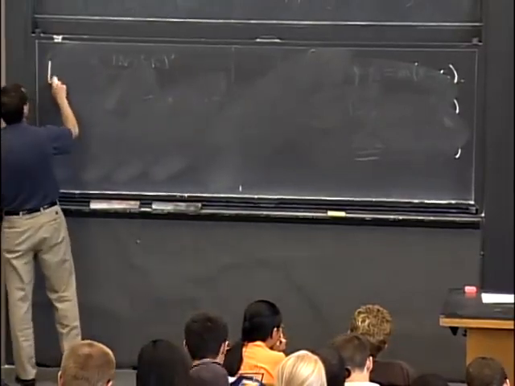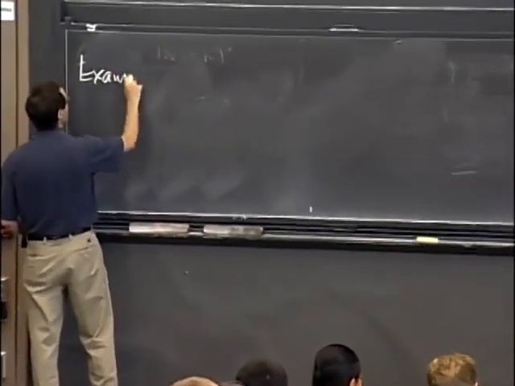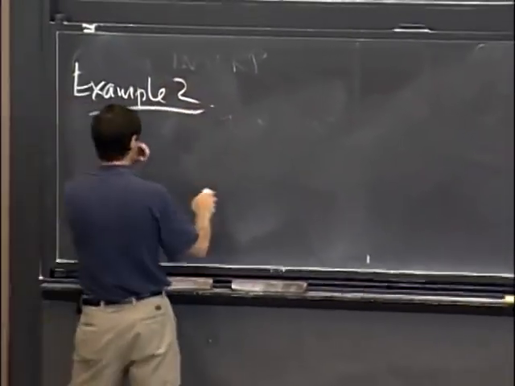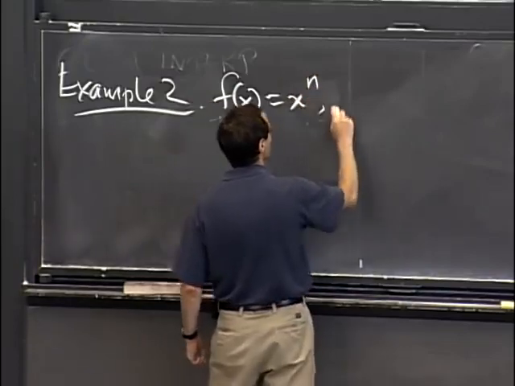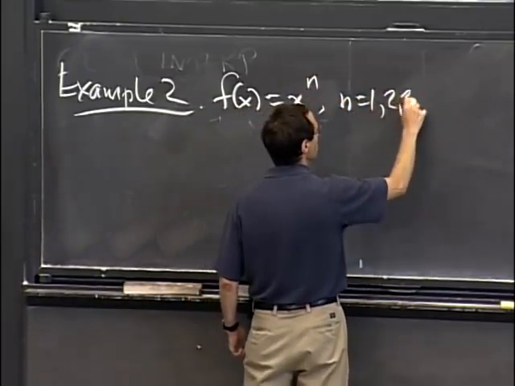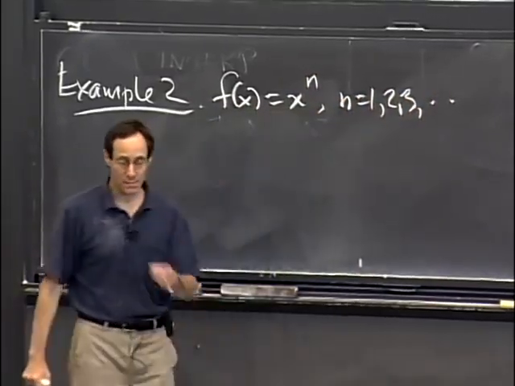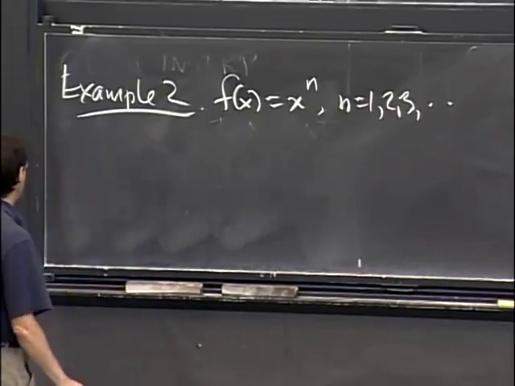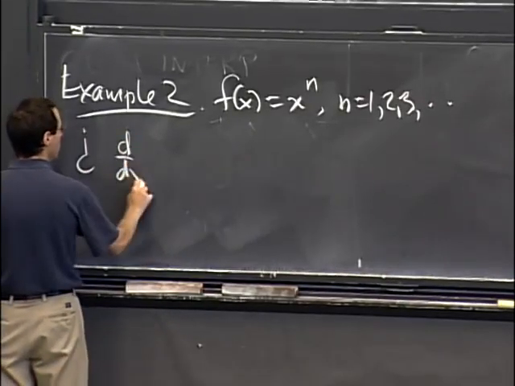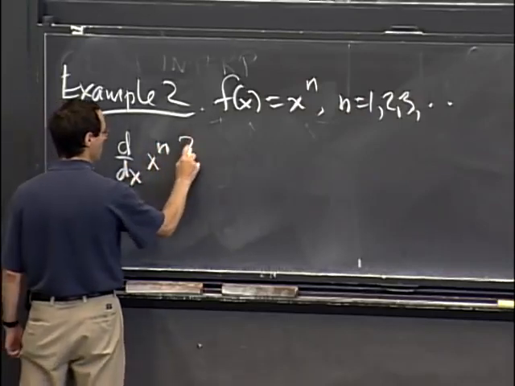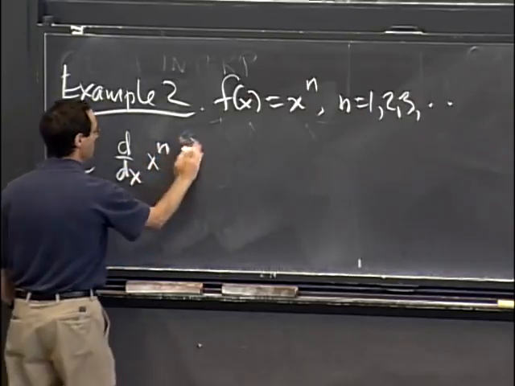So example 2 is going to be the function f of x is x to the n, where n equals 1, 2, 3, one of these guys. And now what we're trying to figure out is the derivative with respect to x of x to the n, in our new notation, what this is equal to.